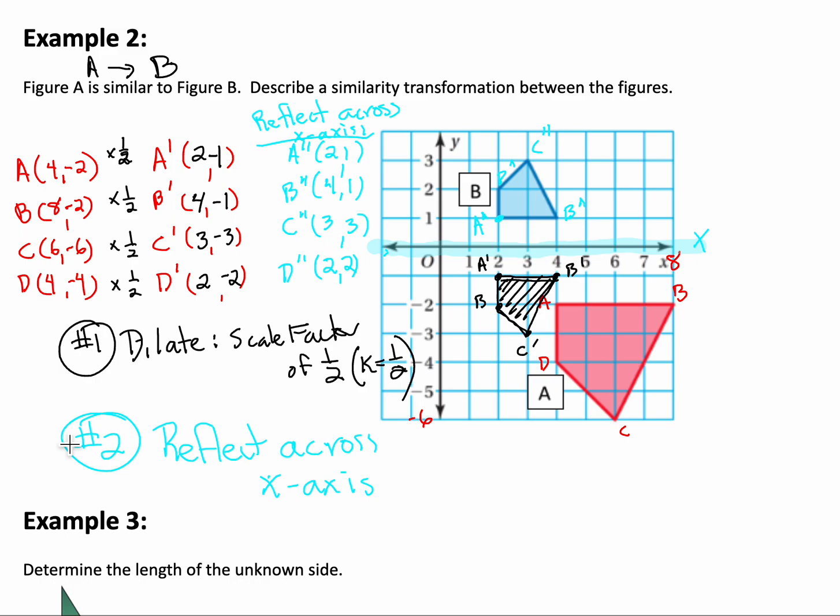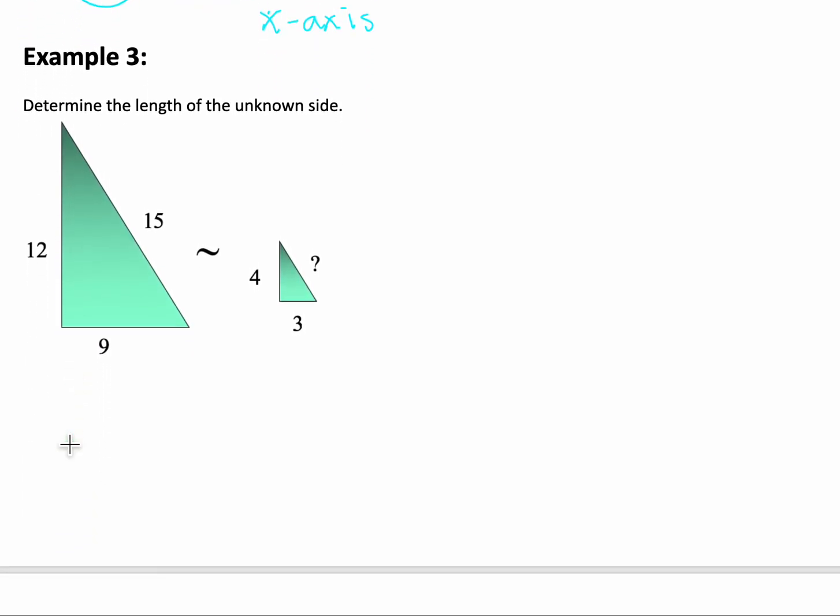All right, example 3. When we use this, we need to determine the length of an unknown side. So that's how we use it. It's called an indirect measure in mathematics. But really we just have to find this one. And sometimes I like to call it X, just because it helps me organize my thinking.